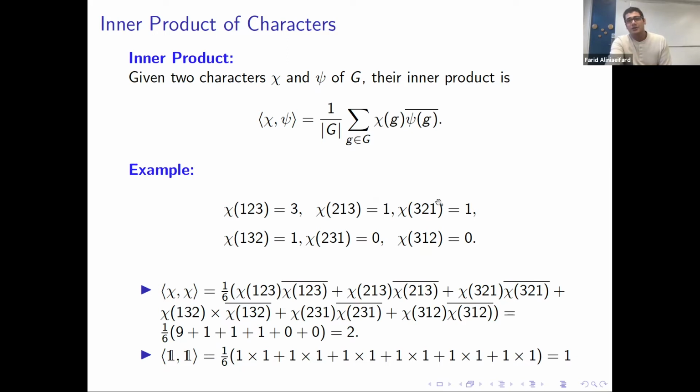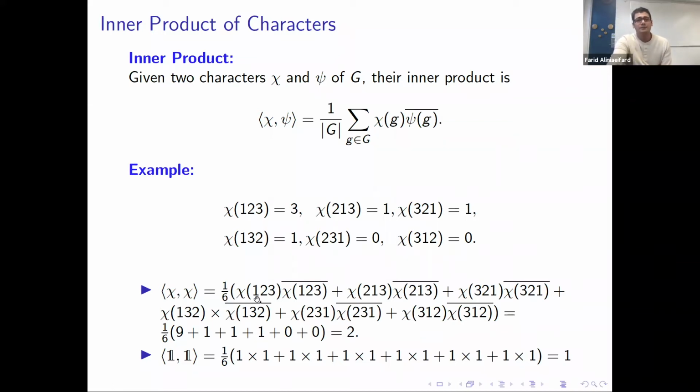Previously, I had this character that we just computed. So if I want to compute the inner product of chi by itself, I have 1/6, the cardinality of the group, because this is a character of S3 and the cardinality of S3 is 6.